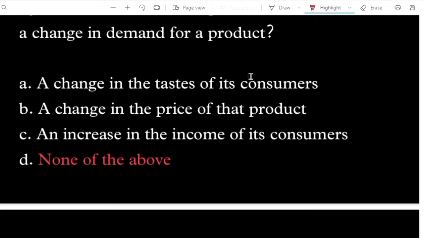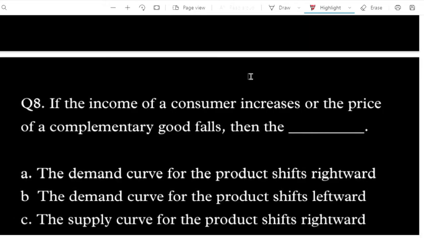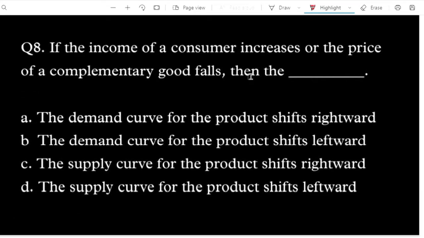Let's move to our next question. If the income of a consumer increases or the price of a complementary goods falls, then the dash. Option A, the demand curve for the product shifts rightward.